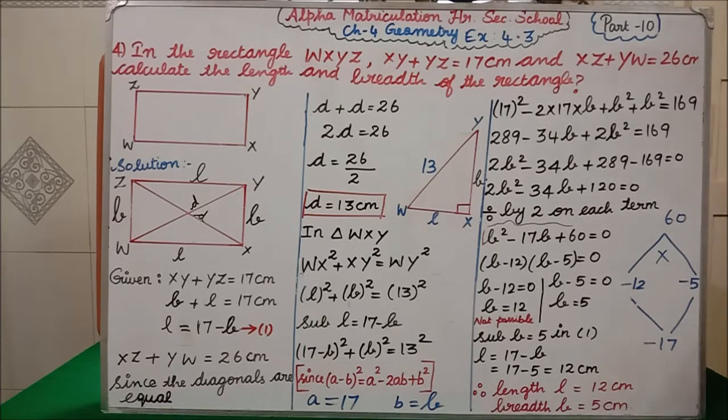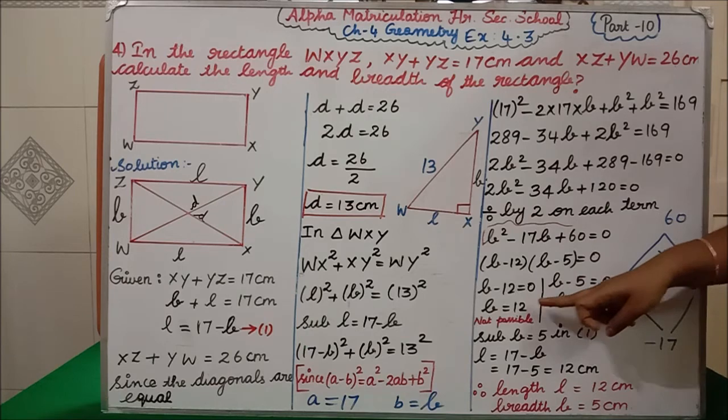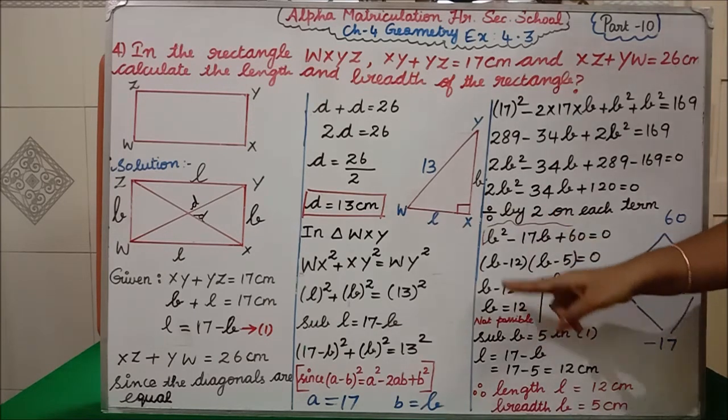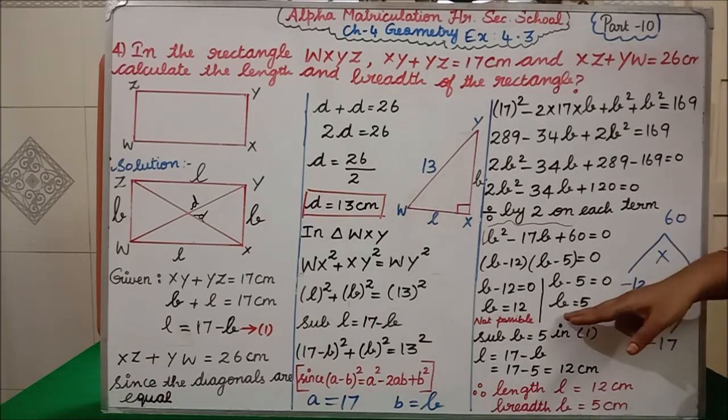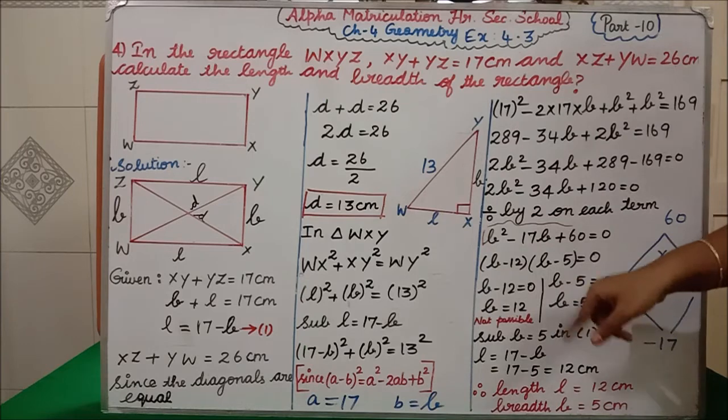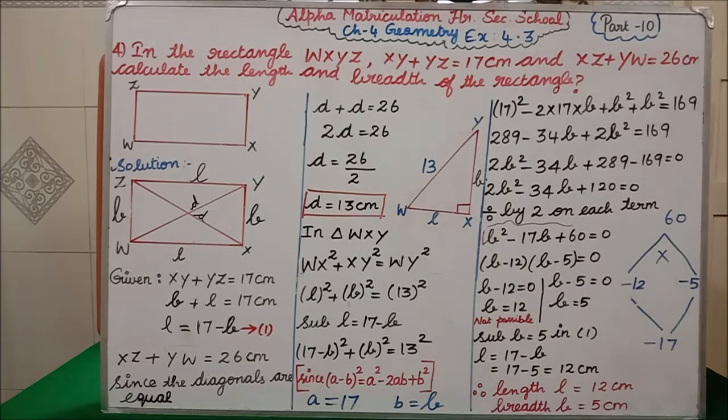Clear? Suppose I take breadth equal to 12, that time I will get length 5. Can you understand? Usually we take length as the bigger one, so this is not possible. I am taking only B equal to 5. Can you understand why I am not taking breadth equal to 12?